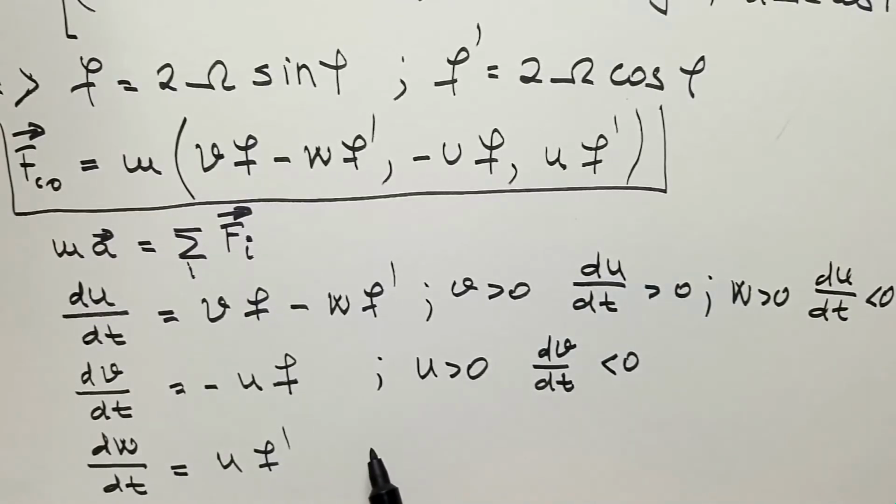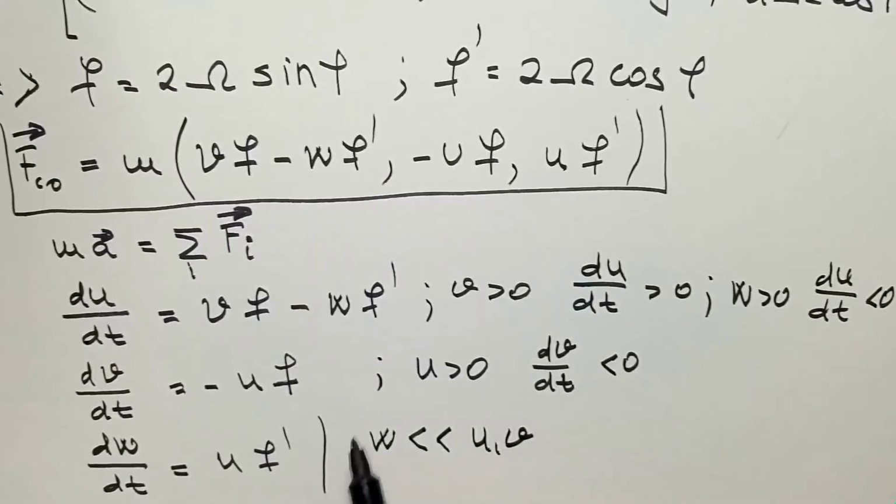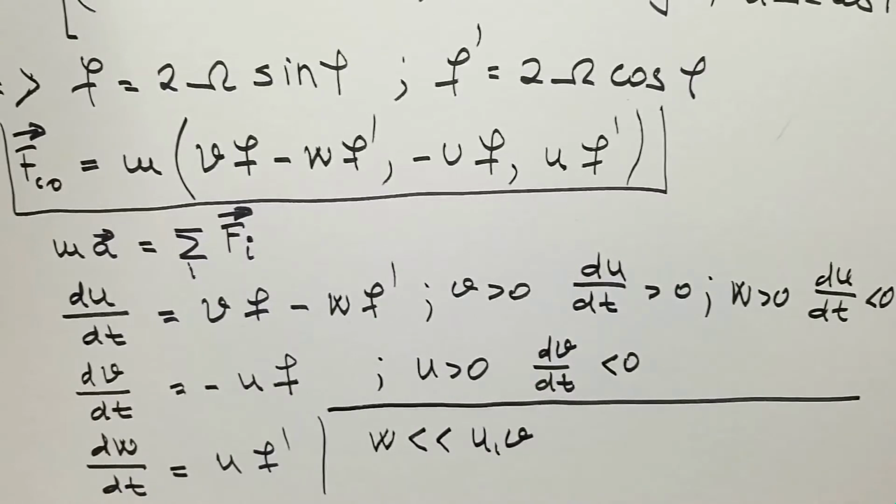Now, since W is typically much smaller than either the U or V components in atmospheric motions, we usually neglect all terms associated with W, which means this term would usually be neglected. And since accelerations in the vertical direction are also small, we usually neglect this term too.